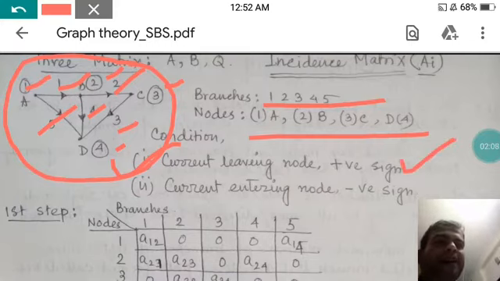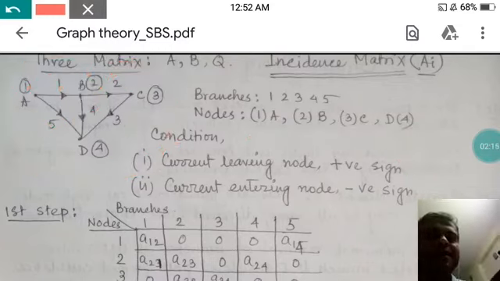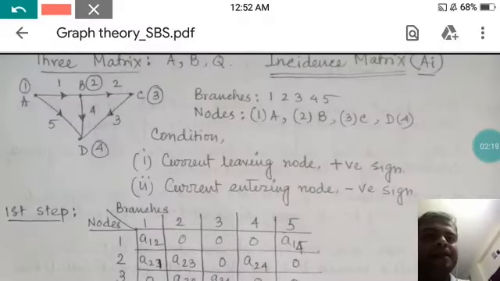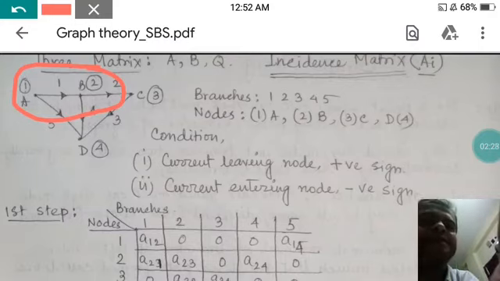In the other way, if the current is entering the node, you just see this point. Here the current is leaving A, so with respect to A, the coefficient in this matrix should be plus.